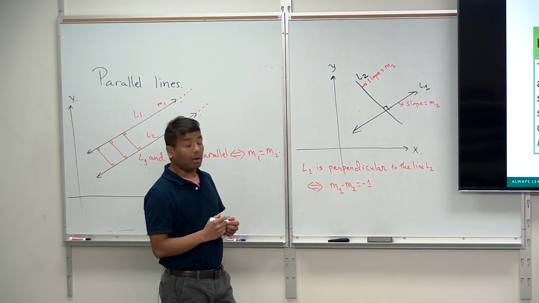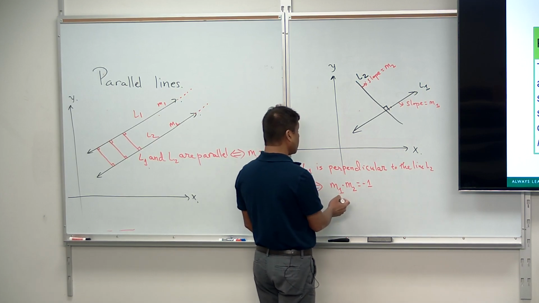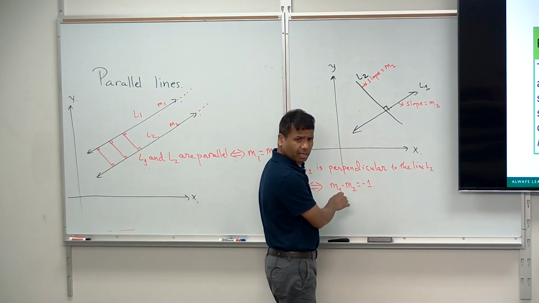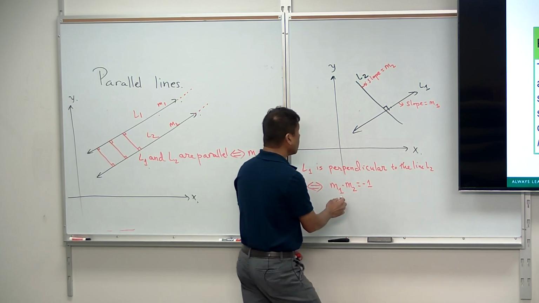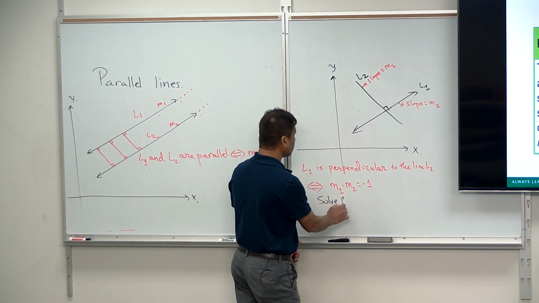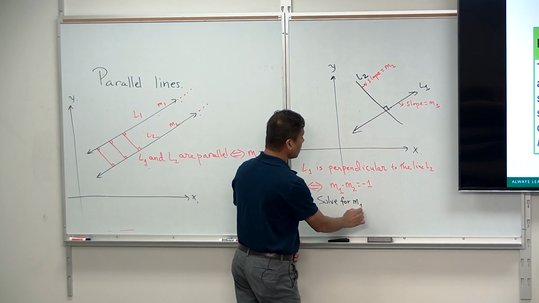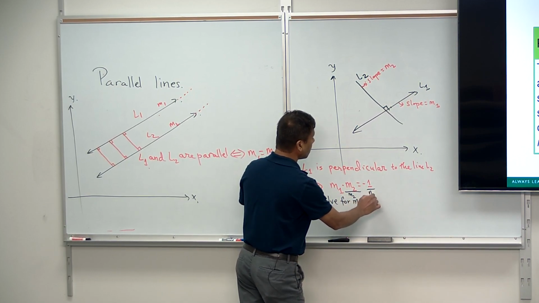Okay? Are you guys with me so far? If the product of their slopes equals -1, and let's say you want to solve for m1, you divide both sides by m2. Are you with me? Right?